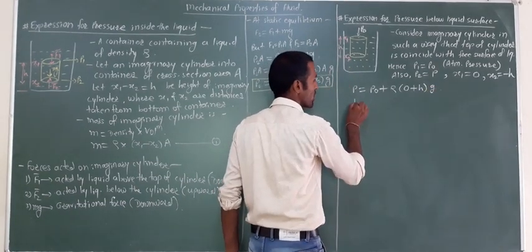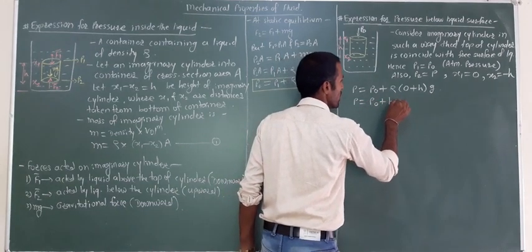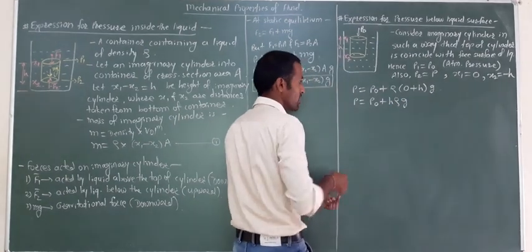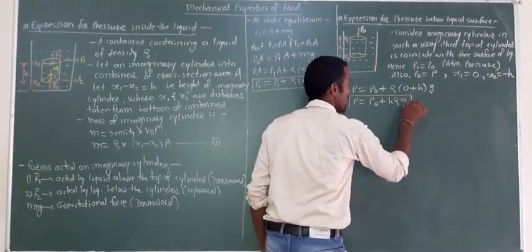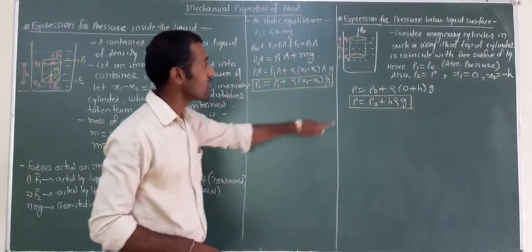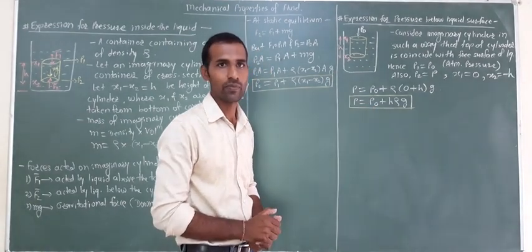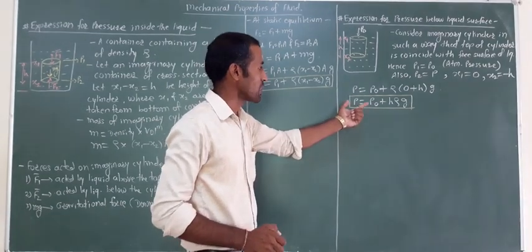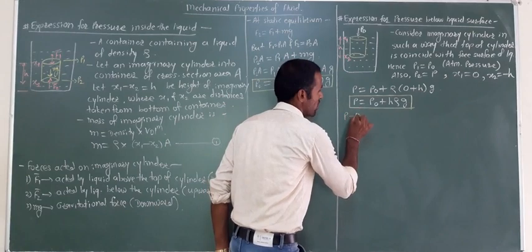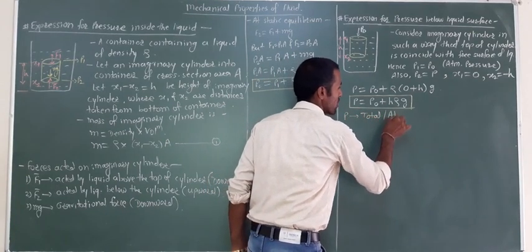The final equation we get: pressure P is equal to P0 plus h rho g. This is the expression for pressure below the liquid surface.